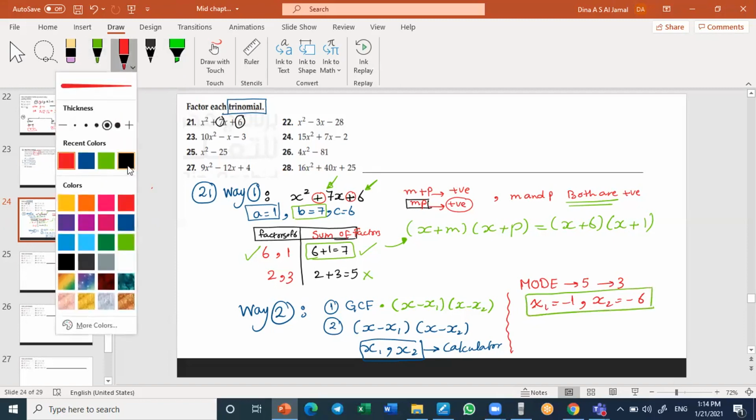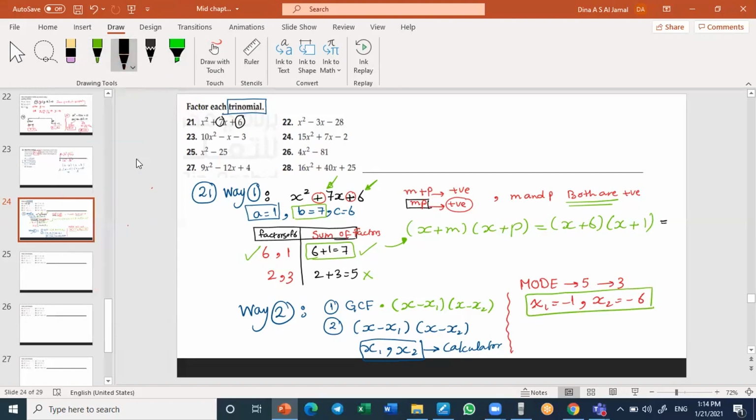So here, if you put it equal to 0 and you use the zero product property, you will be equating each one to 0 and you will be getting this answer at the end. So the calculator method, you can use it to flip the thing.